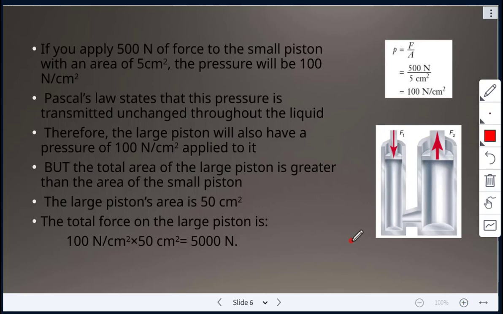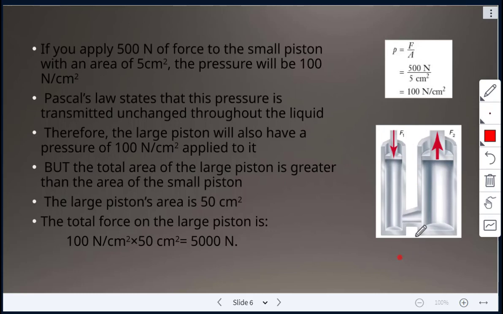And Pascal's law states that the pressure is going to be transmitted unchanged through the liquid. So therefore, the pressure in the large piston will also have a pressure of 100 newtons per centimeter squared applied to it. All right, but the total area of the large piston is greater than the area of the small piston.